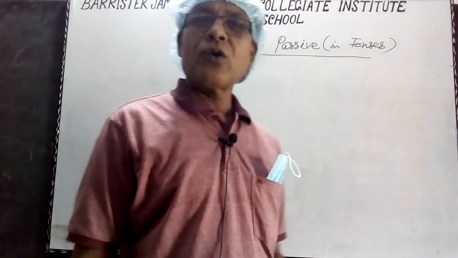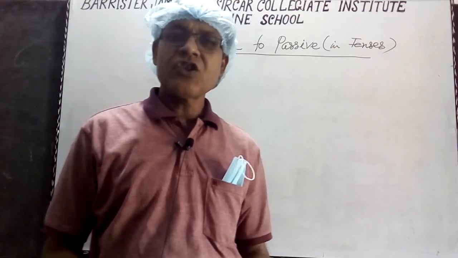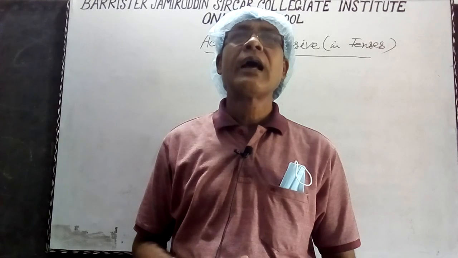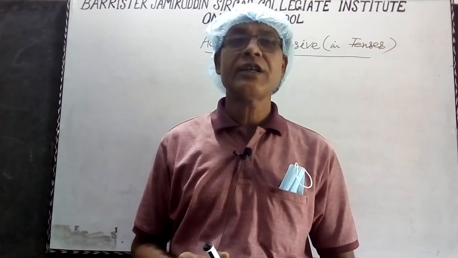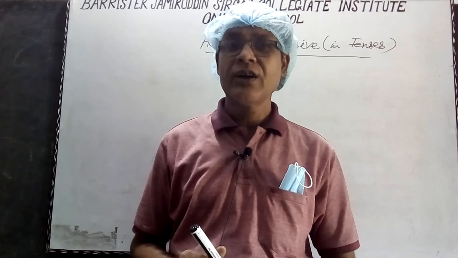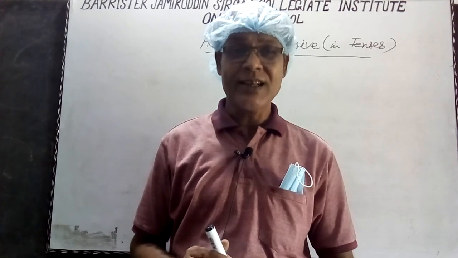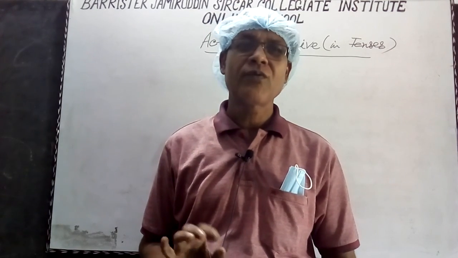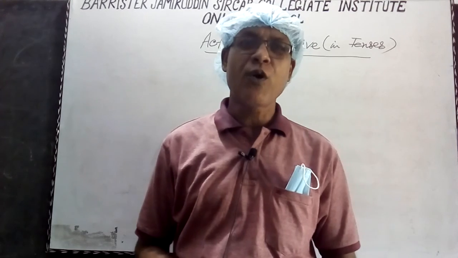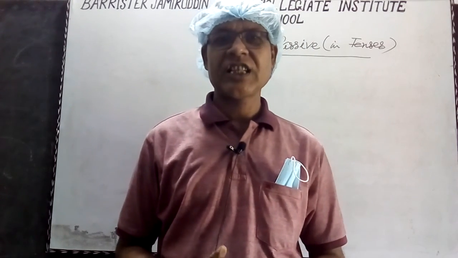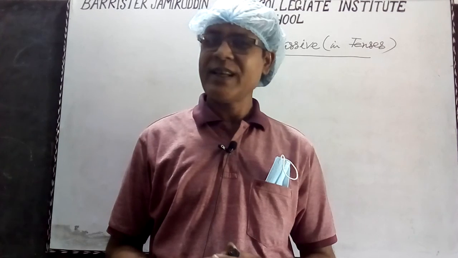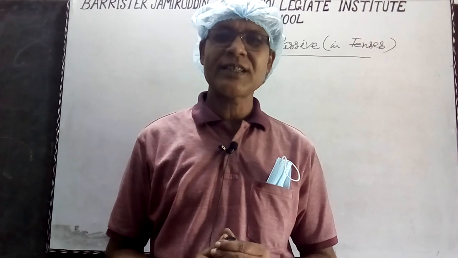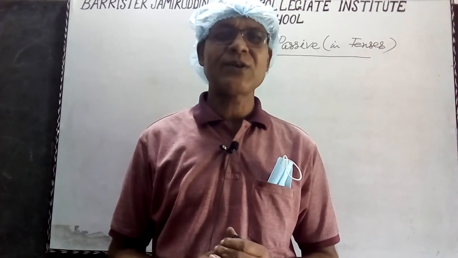We know tenses are of 12 forms. We know indefinite are of 3: present indefinite, past indefinite, future indefinite. And we also know continuous forms are of 6: present continuous, present perfect continuous, past continuous, past perfect continuous, future continuous, future perfect continuous.